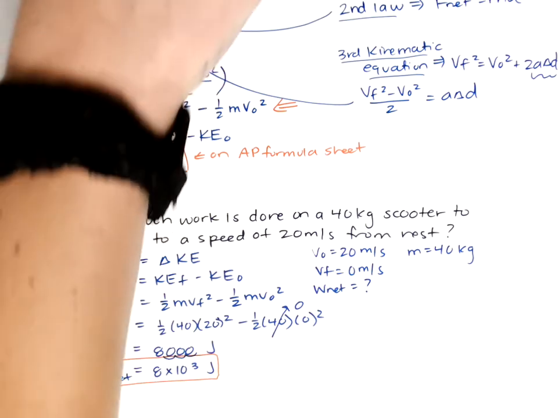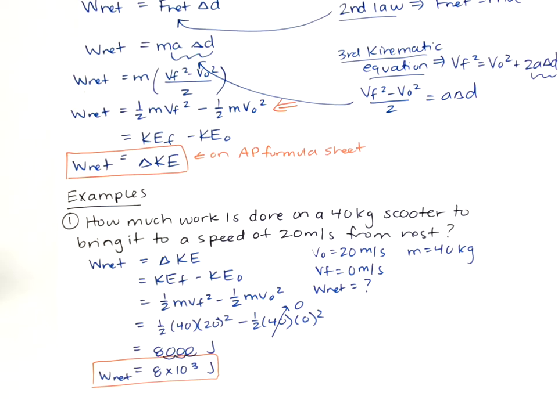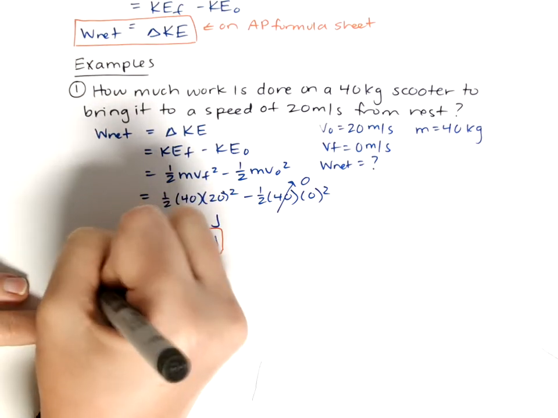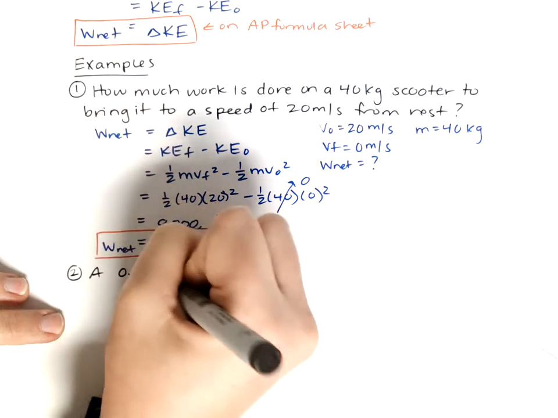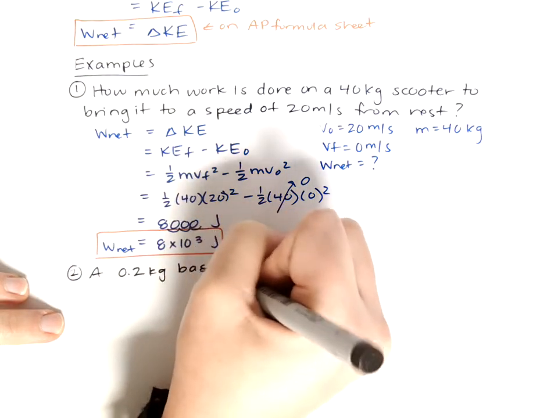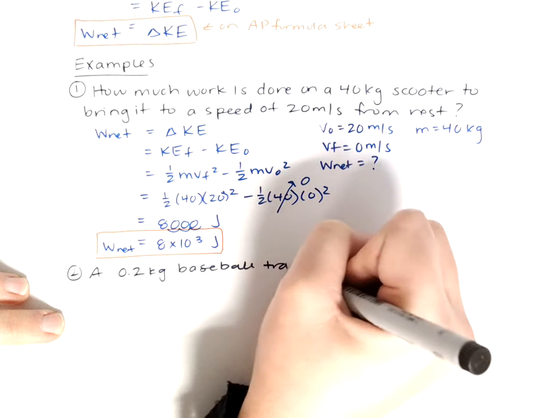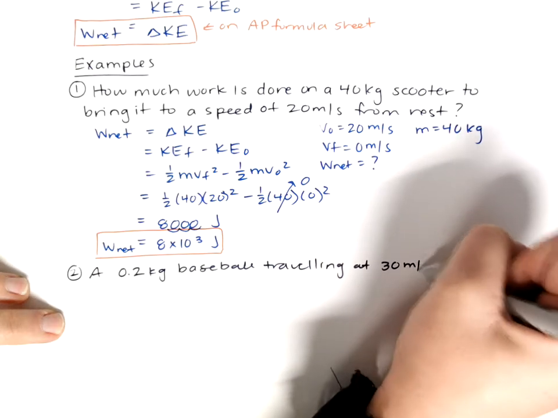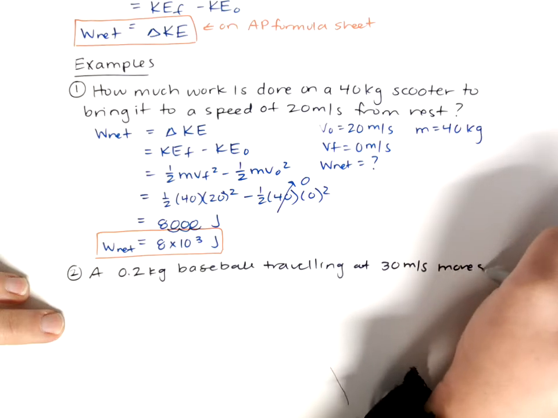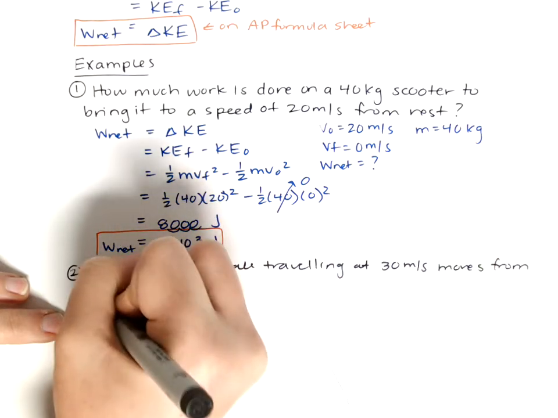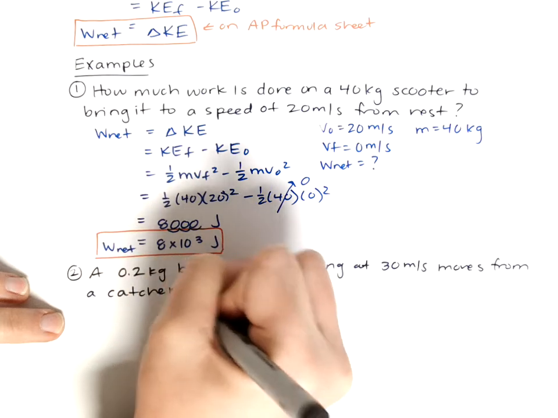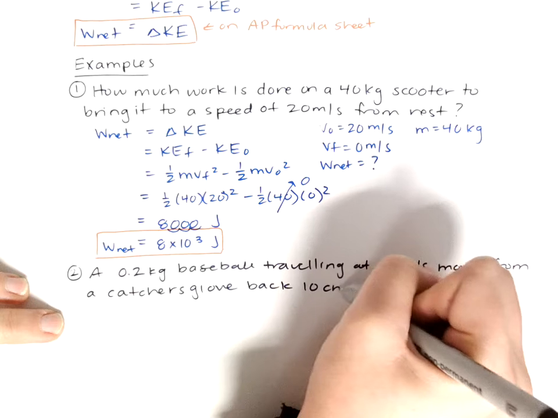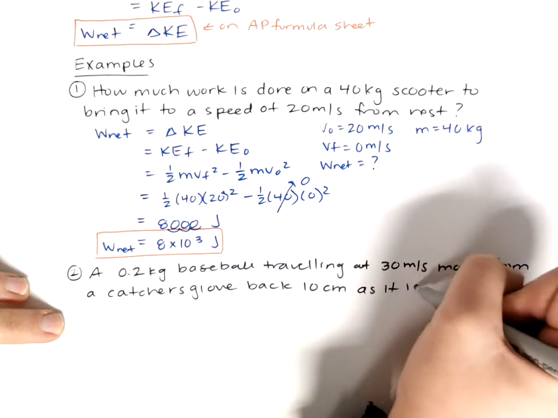Okay, one more example. A 0.2 kilogram baseball traveling at 30 meters per second moves from a catcher's glove back 10 centimeters as it is brought to rest.